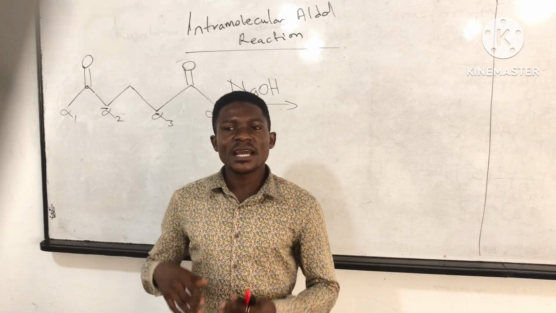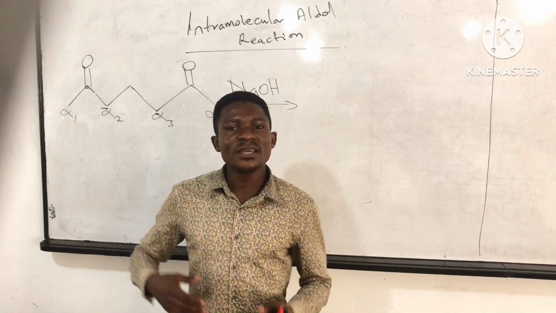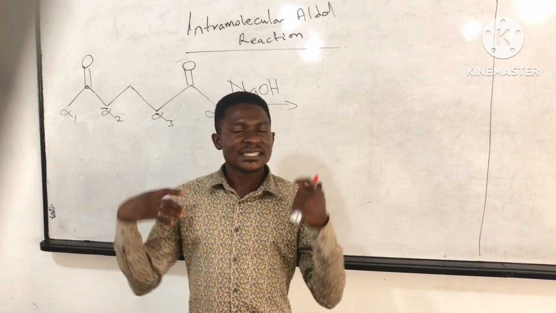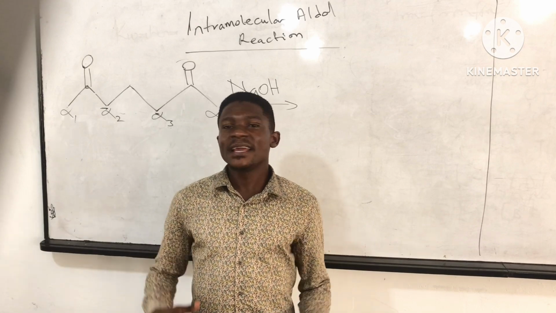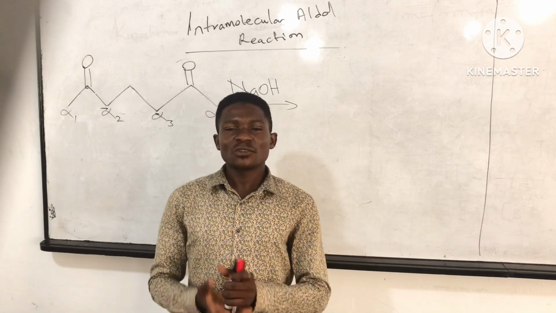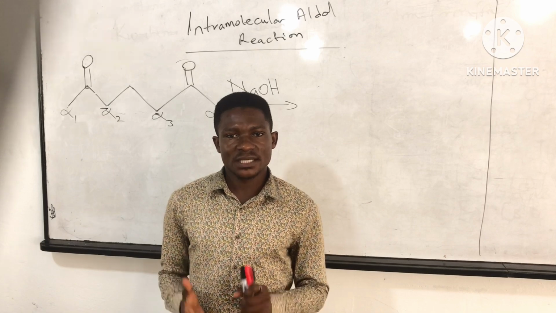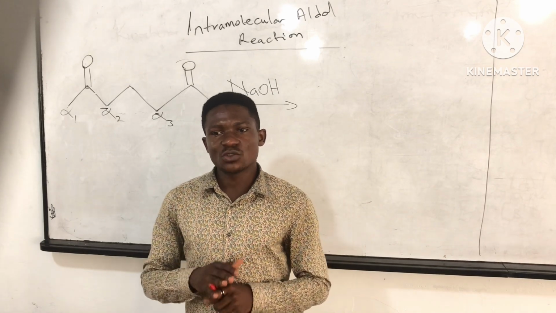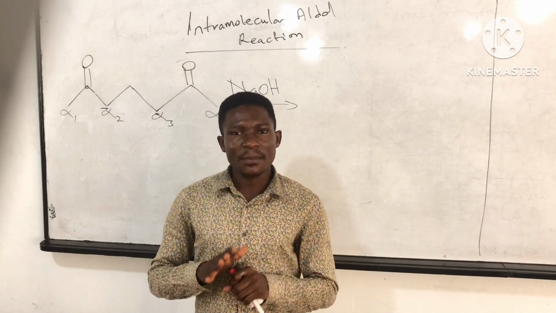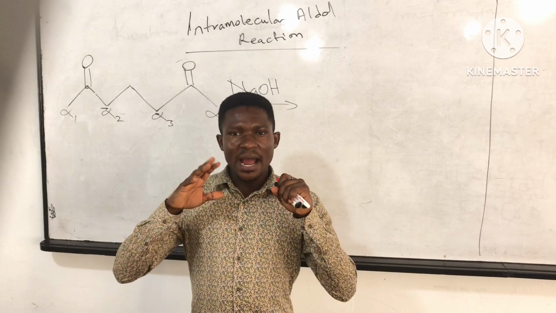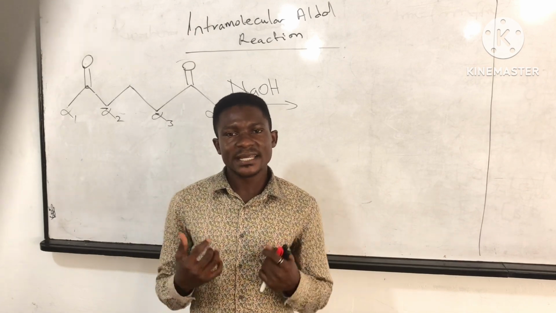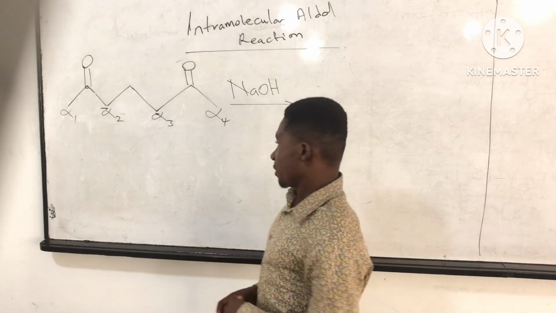It could be a triangle, it could be a square, it could be a 5-membered ring, 6-membered ring, 7-membered ring, 8, 9, 10, and so on. But everything depends on your starting material. Just bear it in mind that you are supposed to end up having an end product that is in a cyclic form. All right, good.